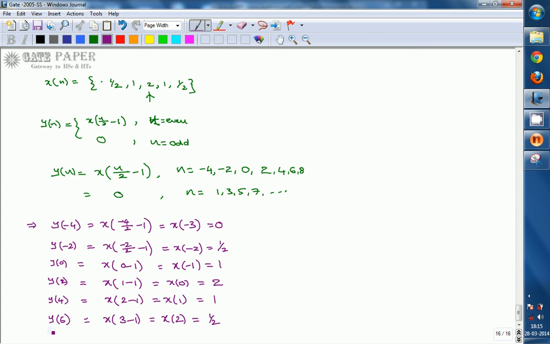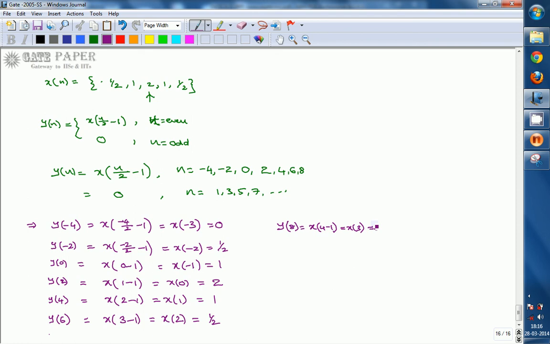Considering n equals 8, we'll get y of 8 equals x of 4 -1, that is x of 3. That value is not given, so it is equal to 0. Then we have the sample values only at -2, 0, 2, 4, 6, and for odd values of n, the value is given as 0.